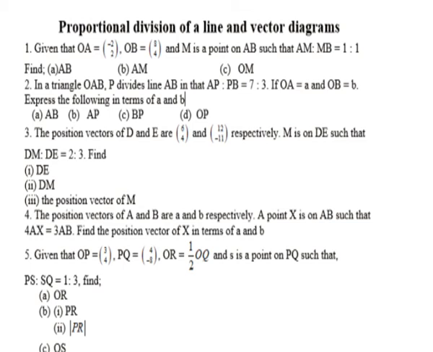That's what they are giving us. And they're saying find AB, AM, and OM. So we need to get AB as our part A. We need to get AM as our part B. Also, we need to work out OM. So we're having those 3 parts on that number 1.